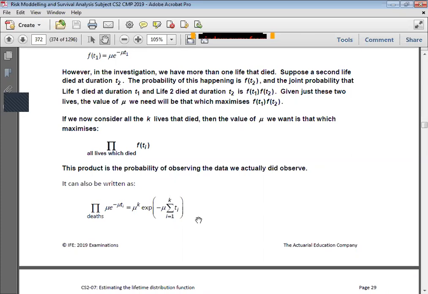So that you have to always keep in mind. And again, this is just a product because we assume these lives to be independent of each other. And this product of deaths just means the number of deaths that you have observed will be the number of times you will take this as product. So here K represents the number of lives that are dead. And that is why you have this thing.